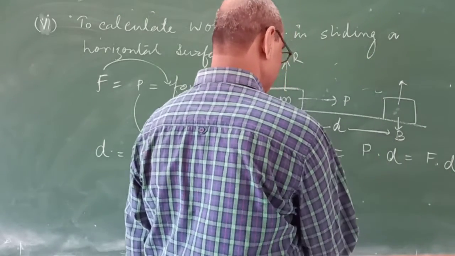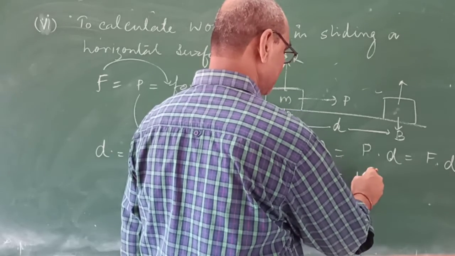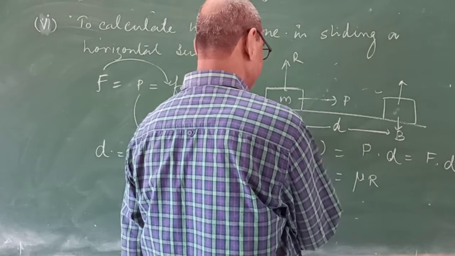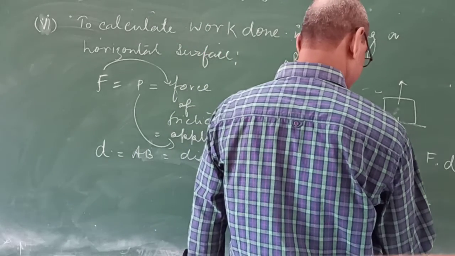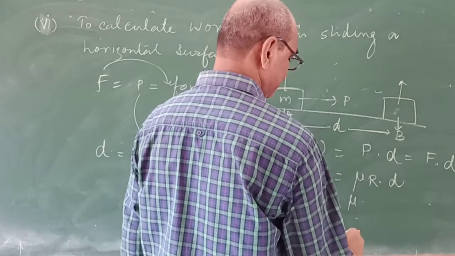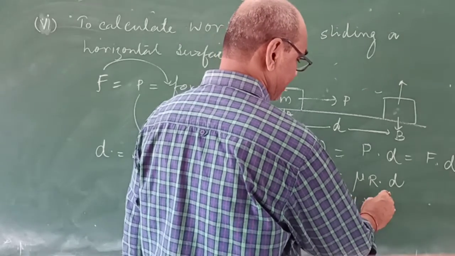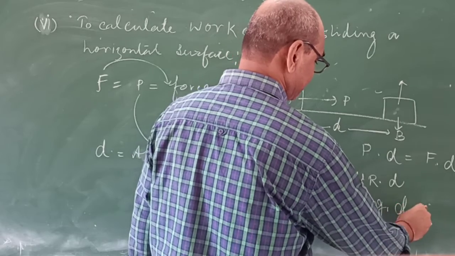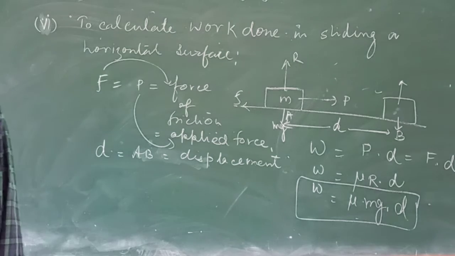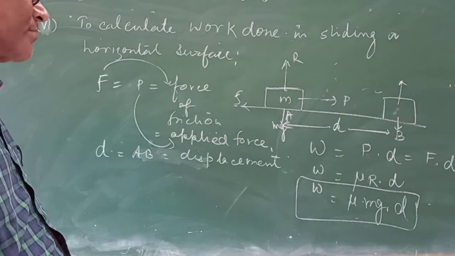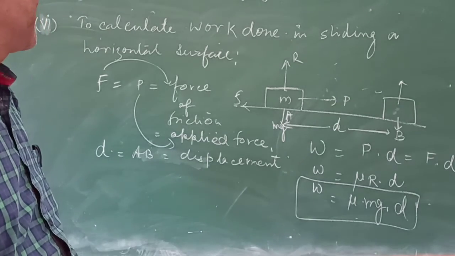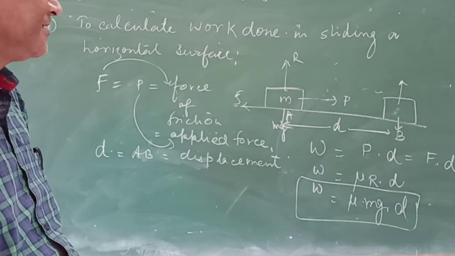And that force is mu into R, that is mu into the weight acting in the downward direction, into d. So W is equal to mu into mg into d. And that is the work done in sliding on a horizontal surface.